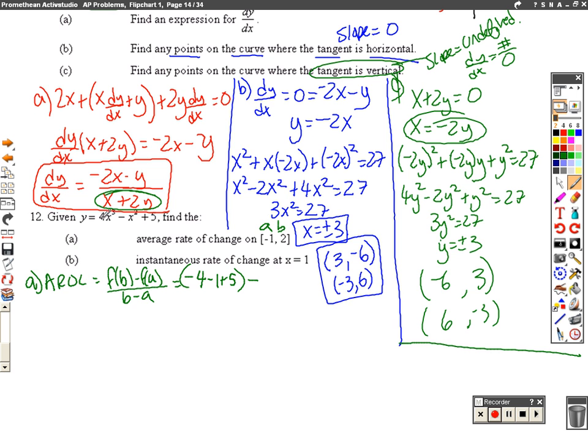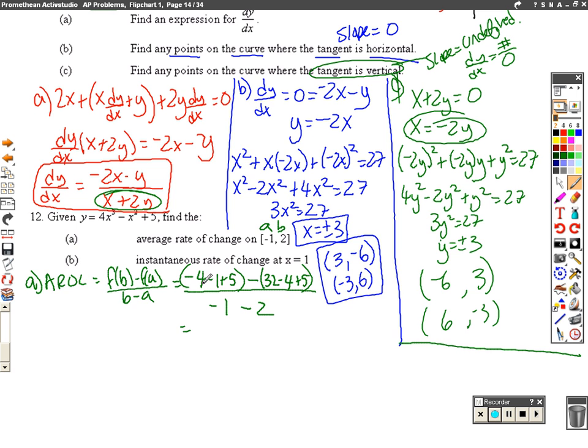If I plug in 2, I've got 4 times 8, so that I believe is 32, minus 2 squared, which is 4, plus 5. All right, all over. Ooh, and I mixed it up. I did f of a minus f of b. So that's fine. I can switch these around. A minus b. So that's negative 1 minus 2. And it's okay as long as you're consistent. It doesn't matter this order as long as you are consistent.